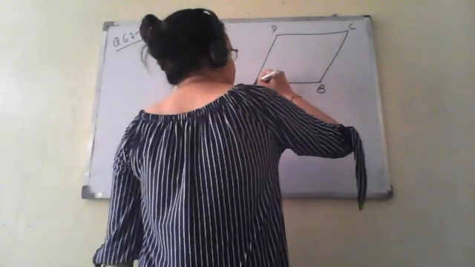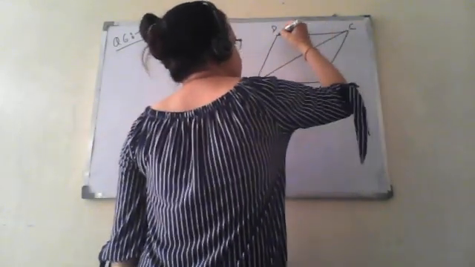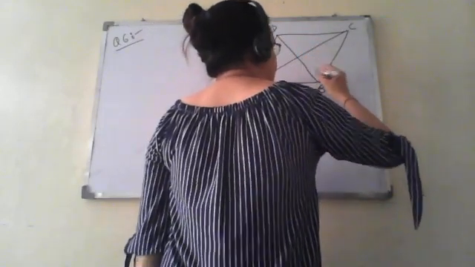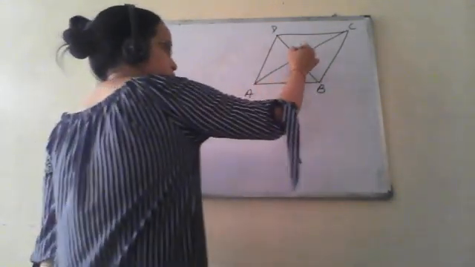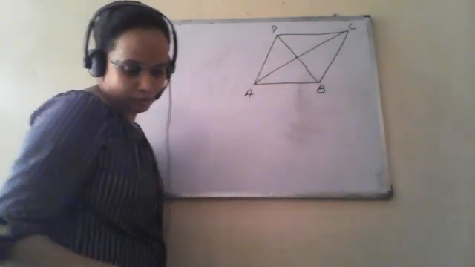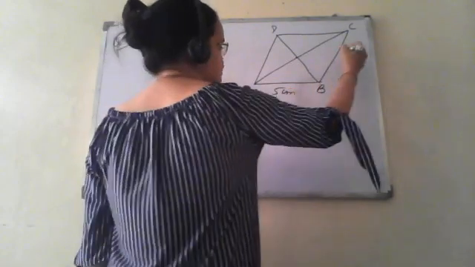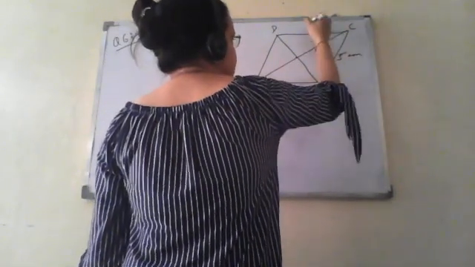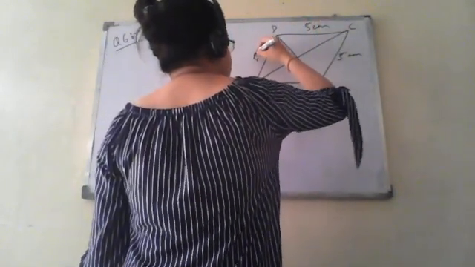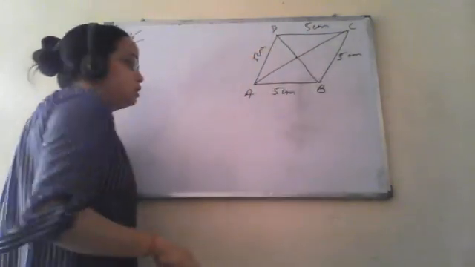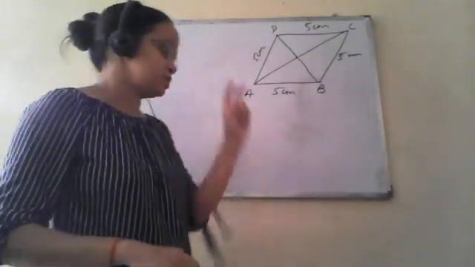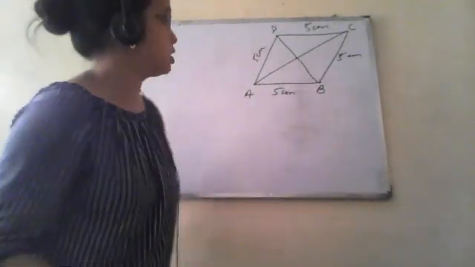Now, we will draw the diagonals also. This is AC. So what we have been given: one side is 5 centimeter. So every side will be 5 centimeter, because all four sides of a rhombus are equal. And the altitude is given. What is altitude?